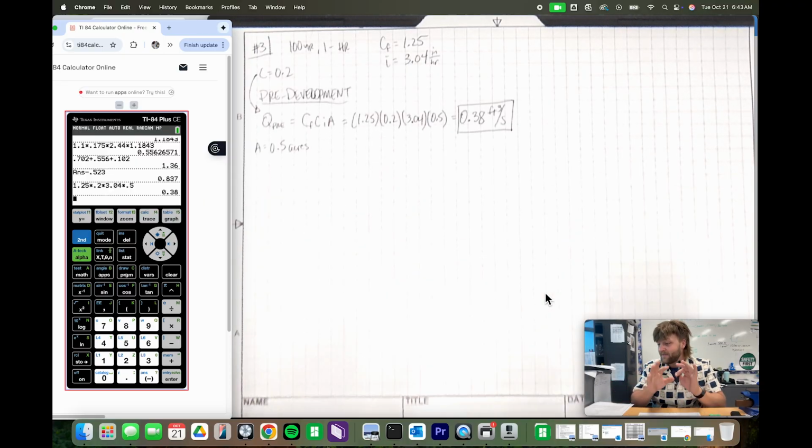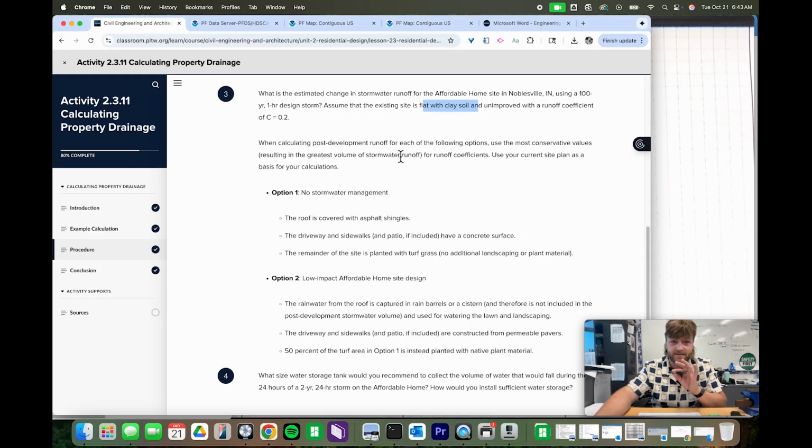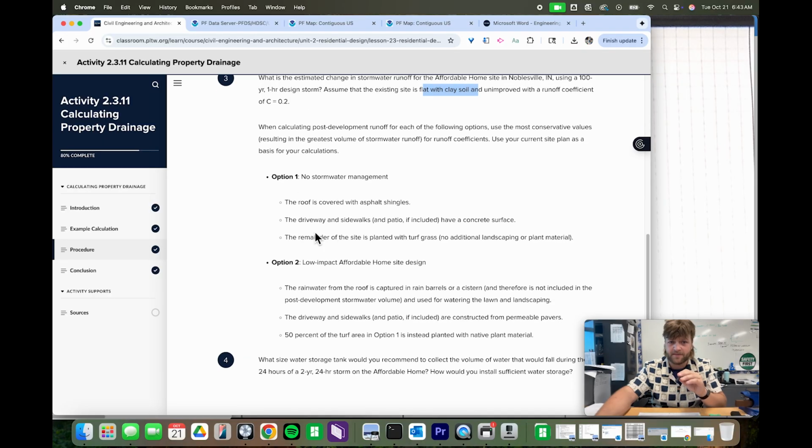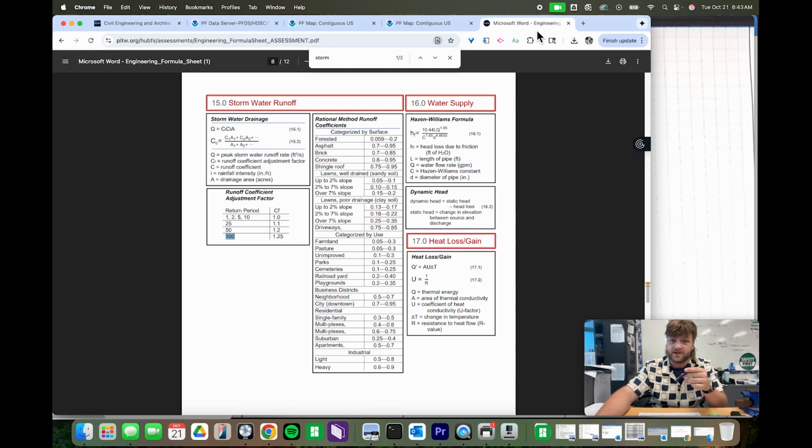They do have the turf. So for option 1, they have turf grass. For option number 2, that's whenever you use 50% of that turf area instead planted with native plant material. And so you'll have to reference this guy right here to find out what those values are going to be, all right?